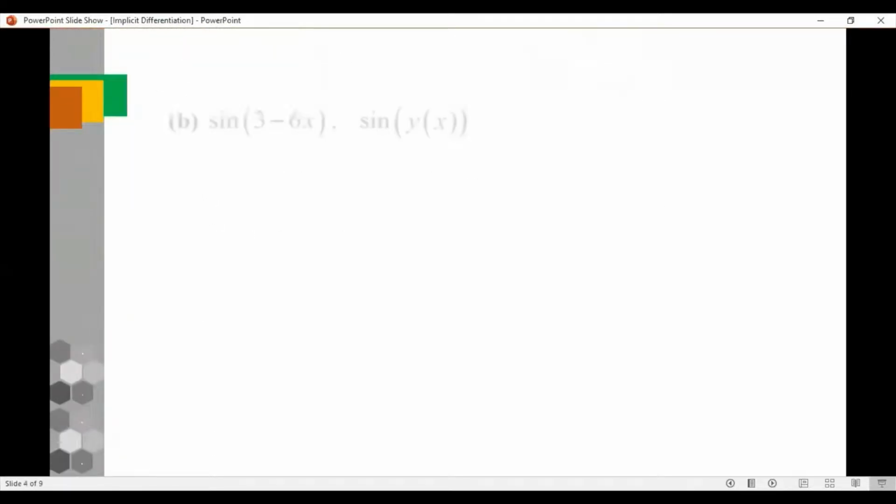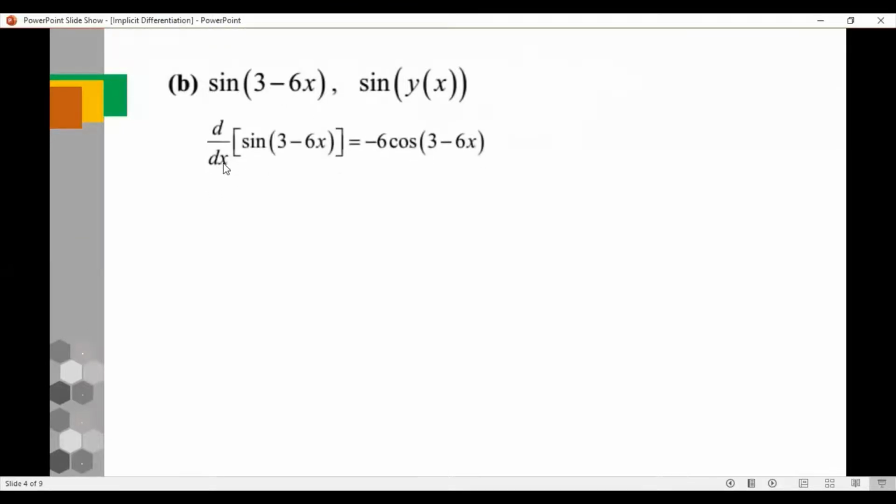But then, let's have this one: sine of 3 minus 6x with respect to x. What is the derivative of sine of 3 minus 6x? The outer function is sine, so the derivative of sine of 3 minus 6x is cosine of 3 minus 6x.